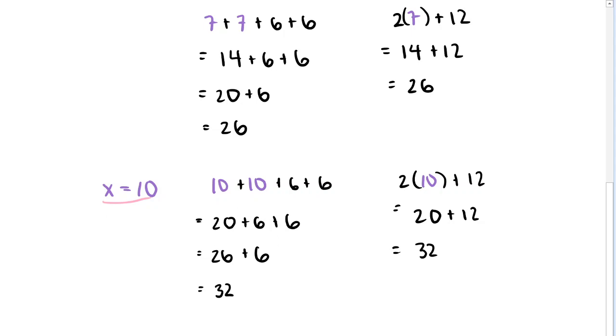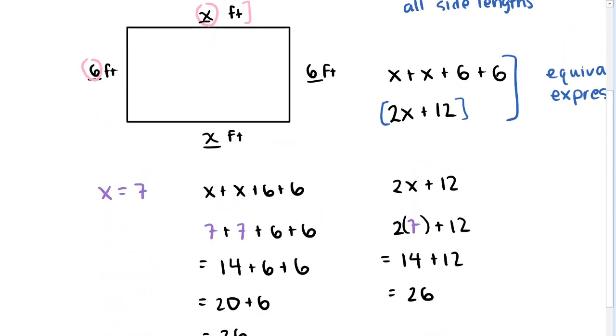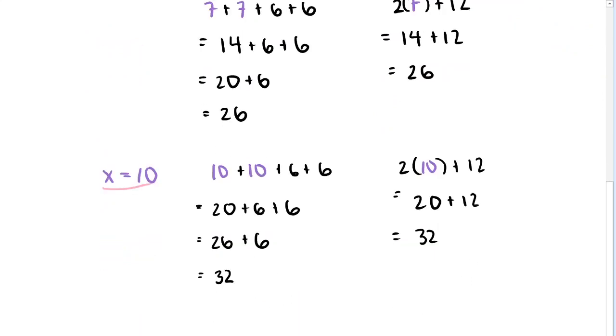And this is what I really mean by these expressions being equivalent, is that no matter what number I plug in for the variable x, the two expressions are going to give the same result as one another. And so let me write that down, it's an important idea.